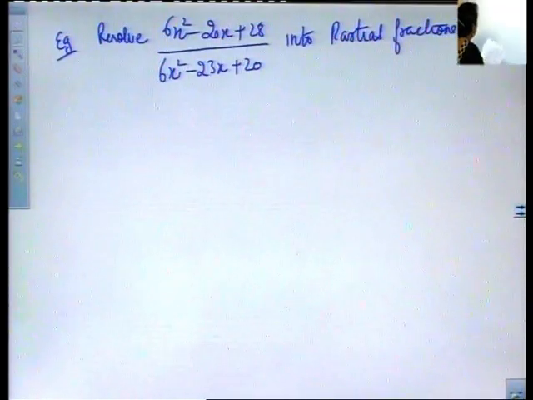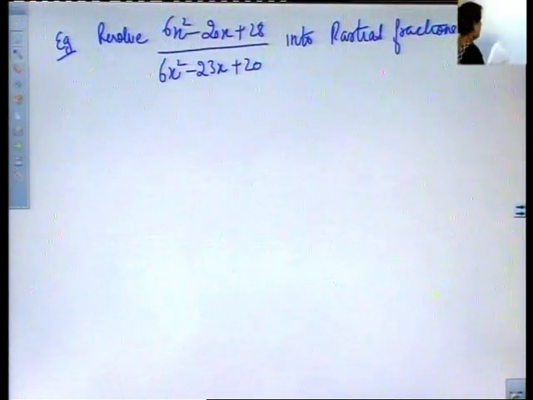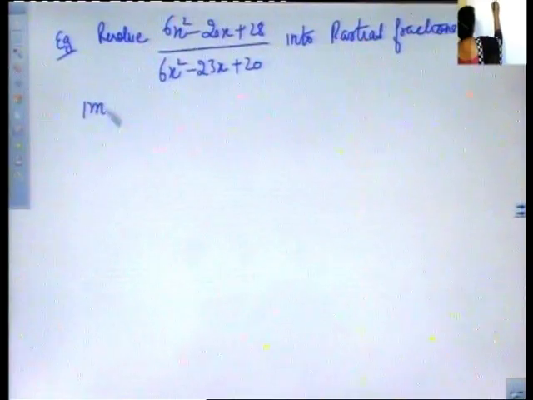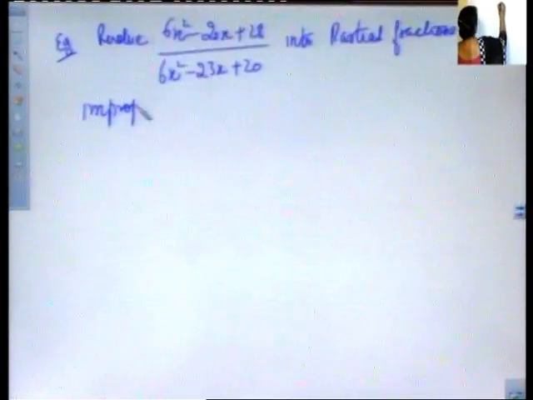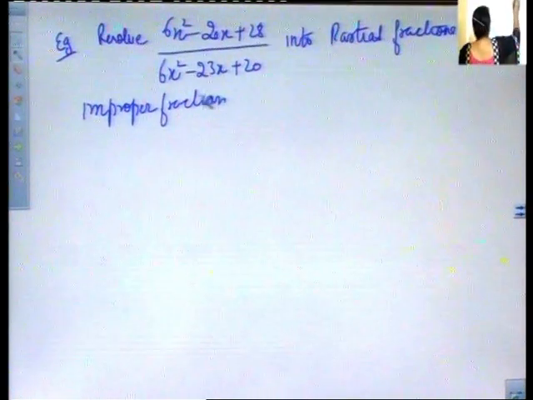Now, since degree of the numerator and degree of the denominator is 2, therefore this is an improper fraction.